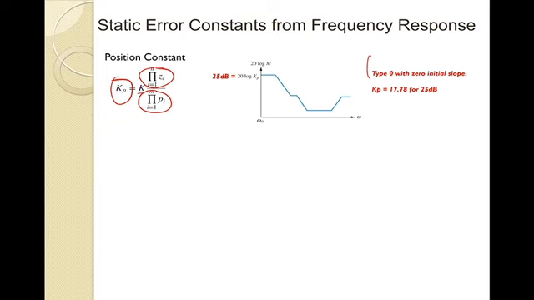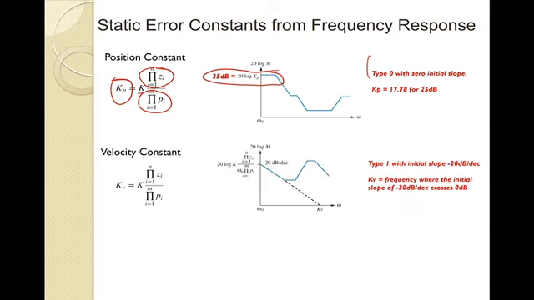Okay, so we start with an initial slope here of 0, and let's say we have solve for the gain here. Let's just say that this right here is 25 dB. Well, we can simply take that expression, 25 dB equals 20 log of kp, and solve for kp. And then what we'll see is that we get our position constant of about 17.78. So actually pretty straightforward for that position constant for a type 0 system.